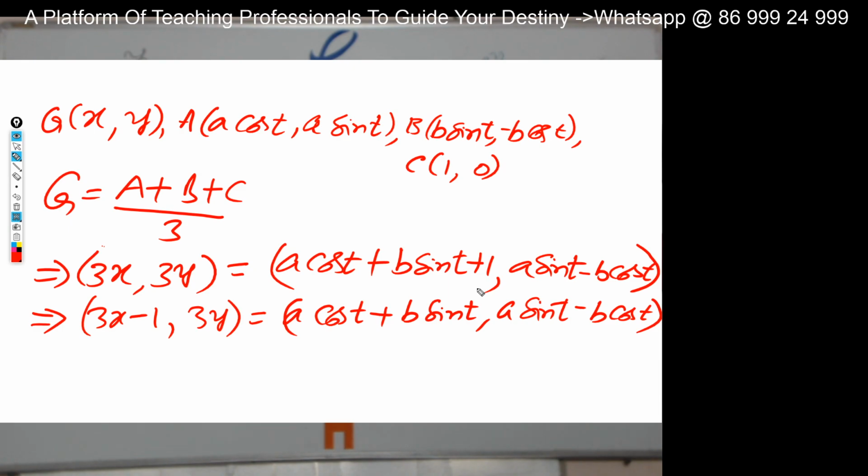Very much similar to the previous question now. Very much similar to the previous question. What is that? The parameter t is to be eliminated.